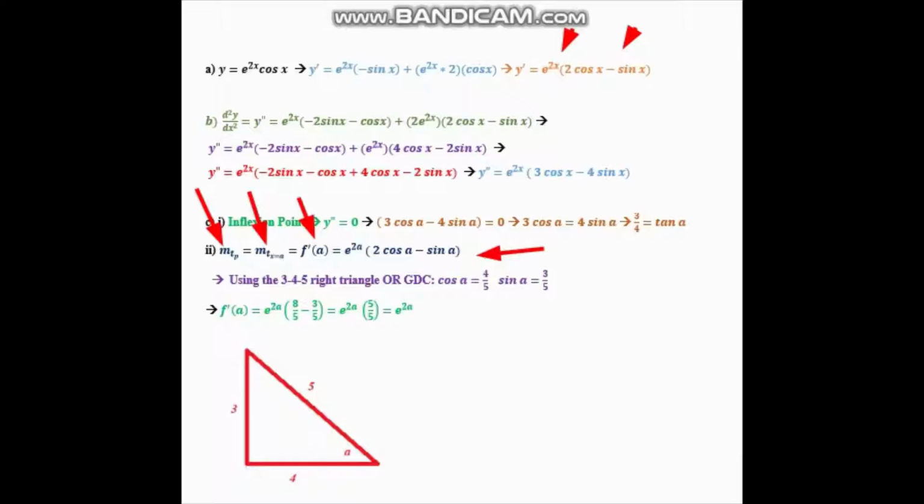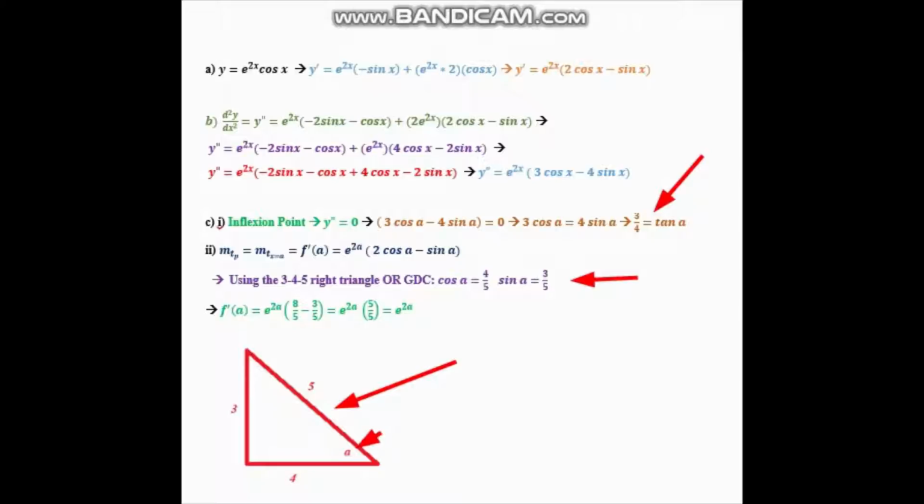Now, I want to evaluate this expression, but I don't have the values of sine A or cosine A. I can use the GDC or the 3, 4, 5 right angle triangle to get the values of cosine A and sine A, given that tan A equals 3 over 4. So you know TOA, tan A equals opposite over adjacent.